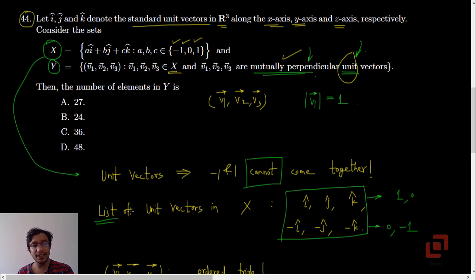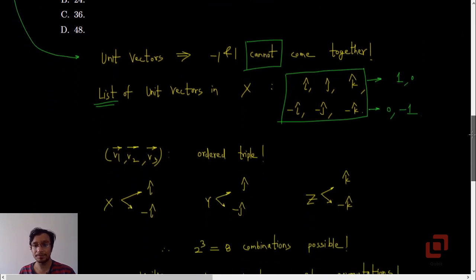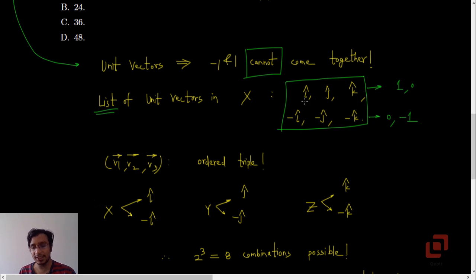Once we extract the list of unit vectors from the set X, we will now go to set Y, wherein we would like to pick ordered triplets which are mutually perpendicular out of this. So how to do that? It goes without saying that i and -i are collinear, so they cannot be perpendicular. Same thing with j and -j, and k and -k, they are collinear, correct?